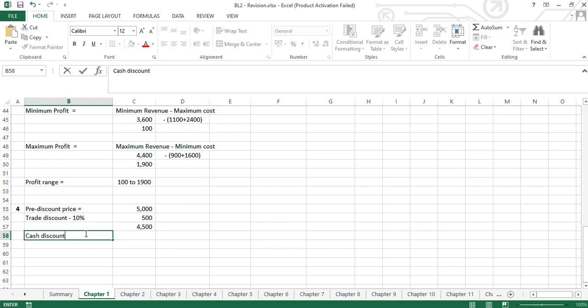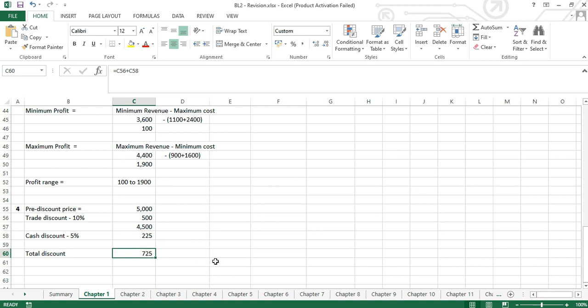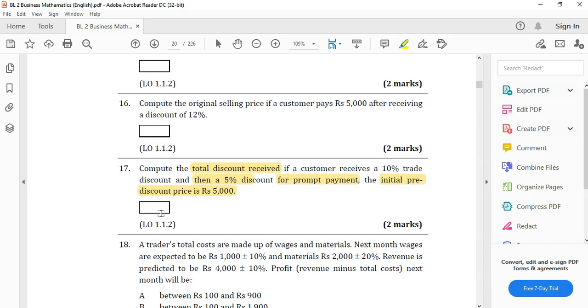So the cash discount is 5% applicable on the balance, which is 225. So the total discount will be 500 plus 225. So the answer 725 must be written here or typed, since it's in the computer-based format.